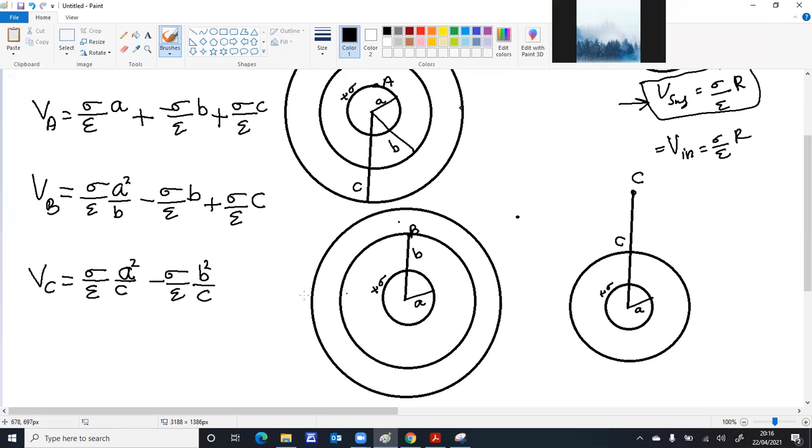No, for the third one it'll be on the sphere. So it'll be sigma C by epsilon. If you all can check, this is the expression for the formula. We can take some common factors out and get the final.